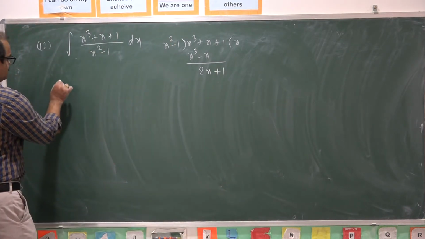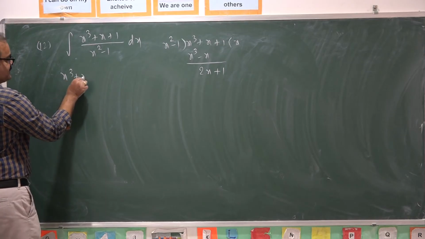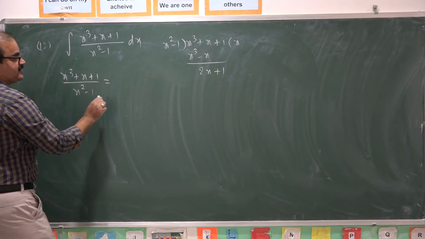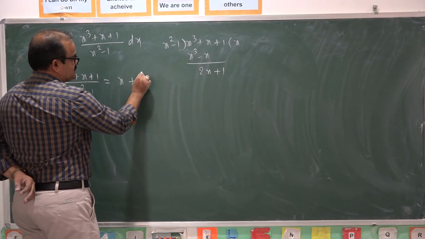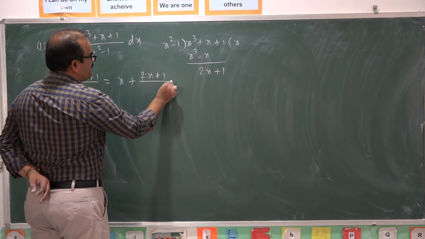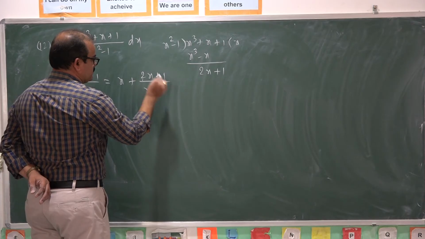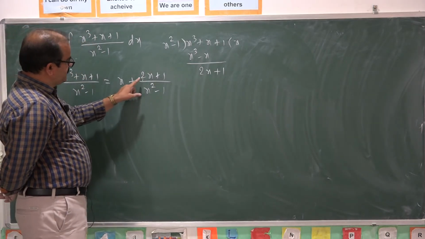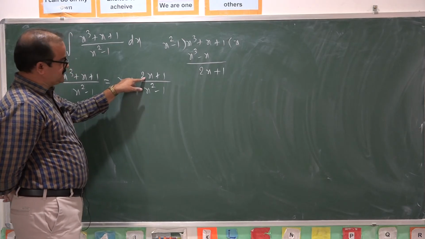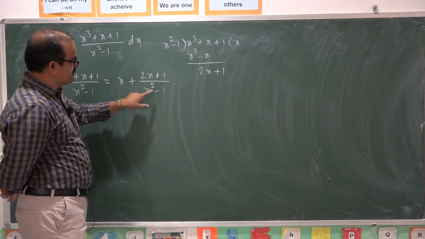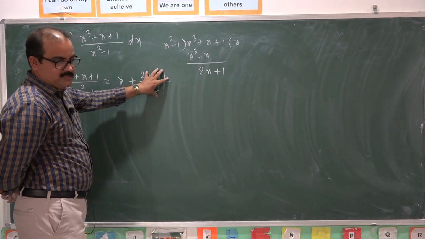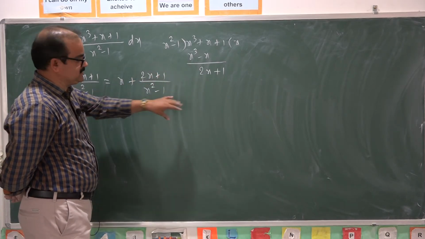So this x cube plus x plus 1 by x square minus 1 is written as x plus 2x plus 1 by x square minus 1. Now observe that it is proper fraction. Degree of numerator is 1, degree of denominator is 2. Now resolve this into sum of partial fractions.